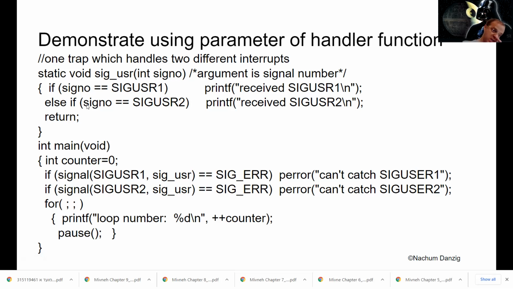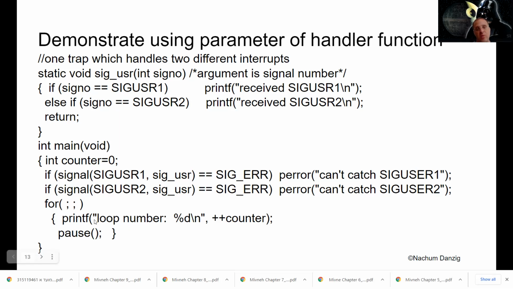Else, if it's 17, if sig number is actually sig user2, it's 17, then print receive sig user2. So I'm just demonstrating that I can use this variable here to determine which signal I got. Of course, it only makes sense if I can get to this function by two different ways, either by sig user1 or sig user2.